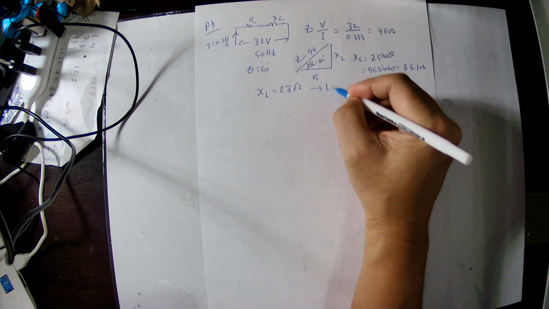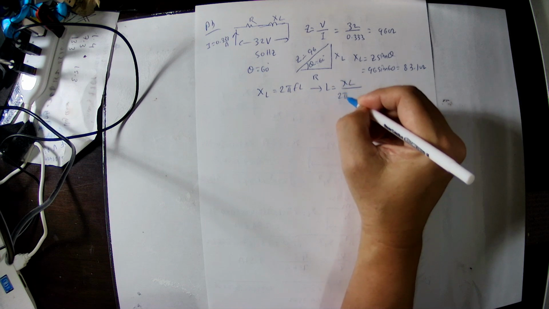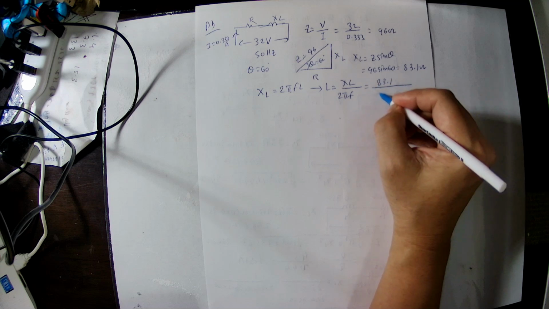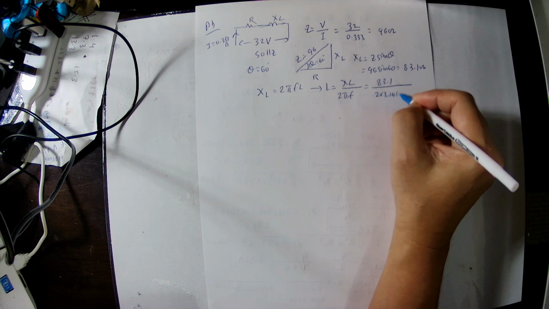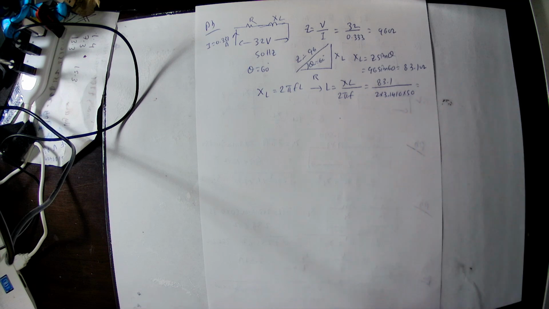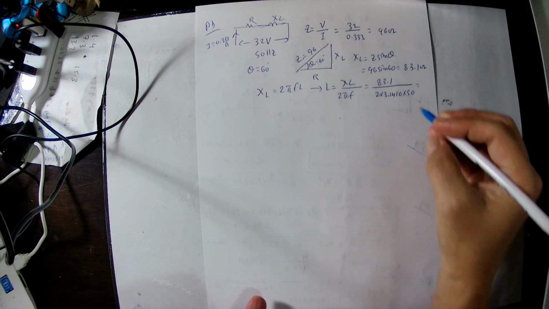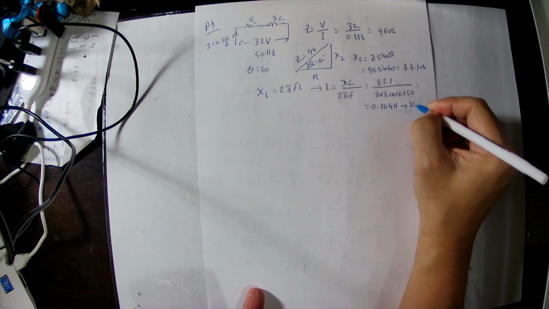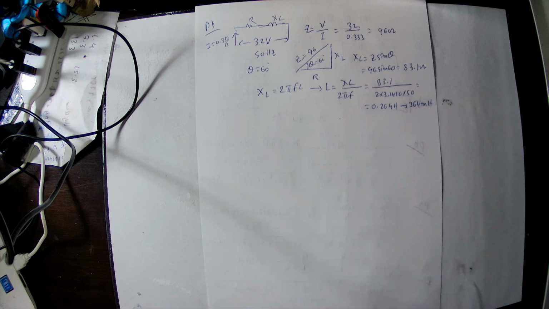Then L can be calculated as XL by 2 pi F. So XL is 83.1, and 2 pi F is 2 into 3.1416 into 50, which is 314. So 83.1 divided by 314, you got 0.264 Henry, or 264 millihenry. So inductance can be calculated.